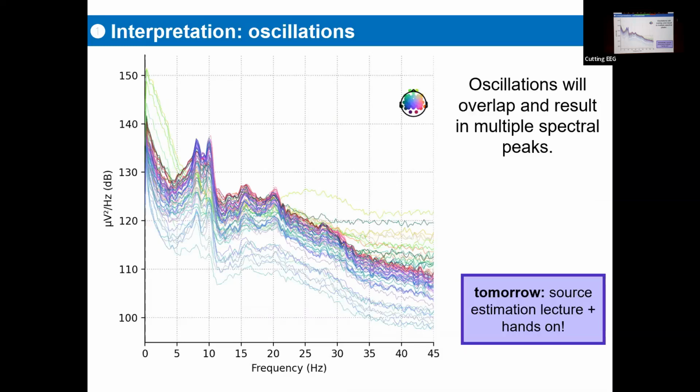If you compute your spectrum across all electrodes, you might find a quite complicated pattern with many peaks and different types of dynamics depending on location, because of the spatial mixing of the signal. That's why you should pay attention tomorrow in the source estimation lecture and in the hands-on.